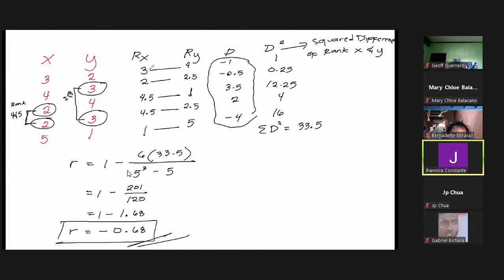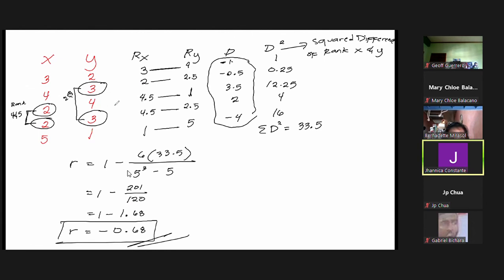After you subtract the rank between X and your variable Y, you're going to square their difference. That is your D squared. Okay? Any more question about this formula?